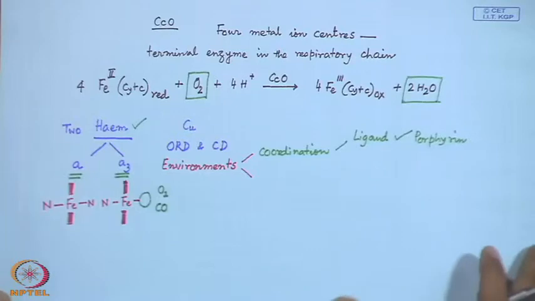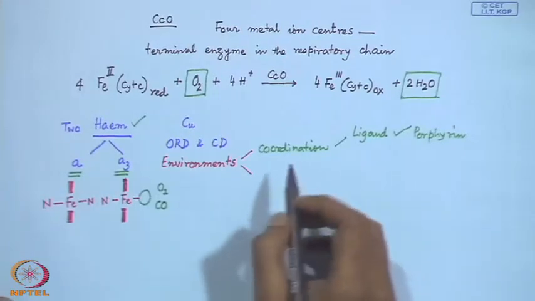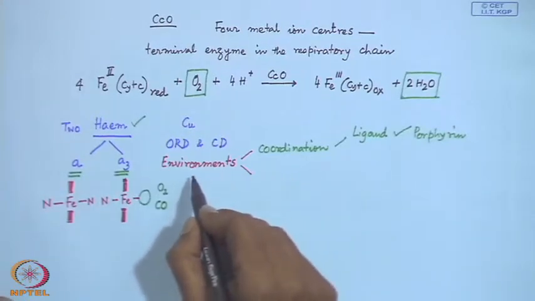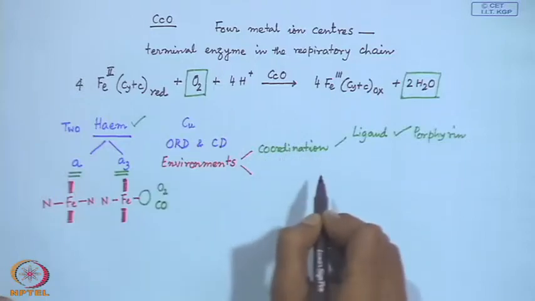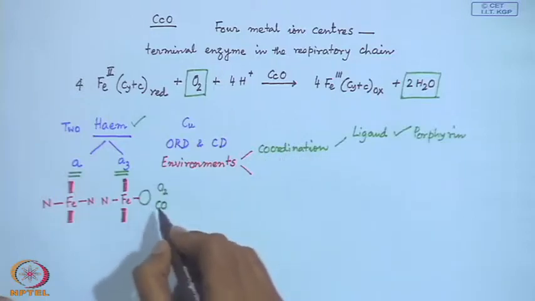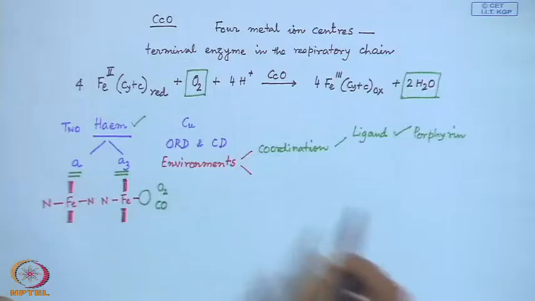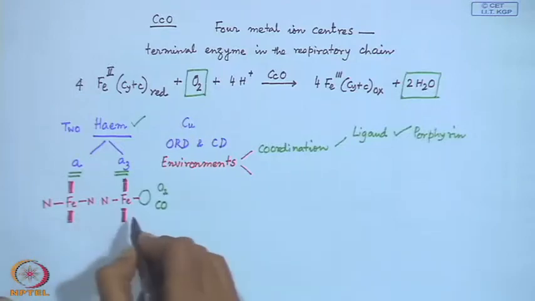So, this is the right information we can have when we are talking about the environment in terms of its coordination structure or coordination environment. Then when it binds to CO, it gives some typical characteristic features, and we will all be interested to know, because there are several things involving these two sites.